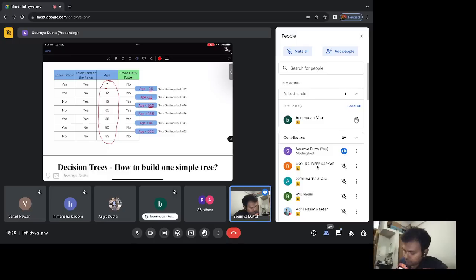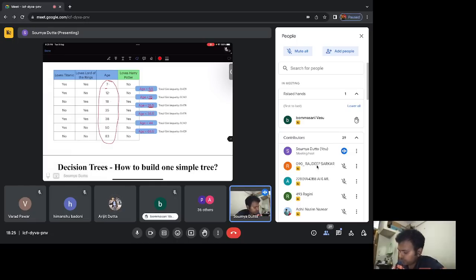So you select all of these values accordingly. Now you have got these many split points. If you have 7 such values in the age column, you will have 6 such splits.